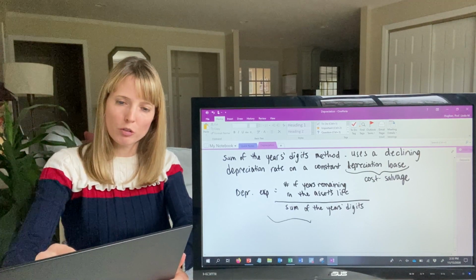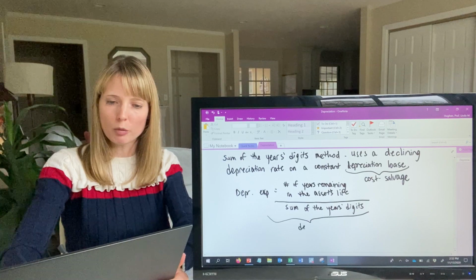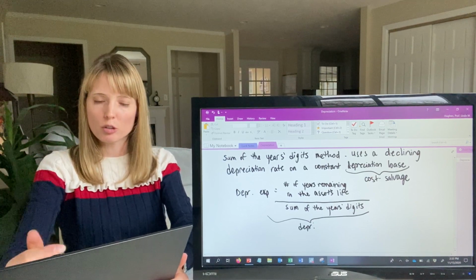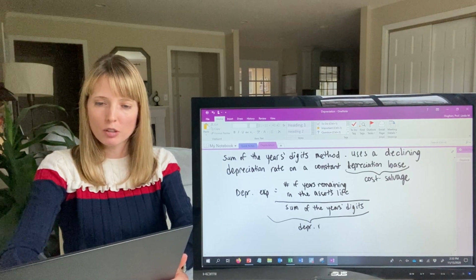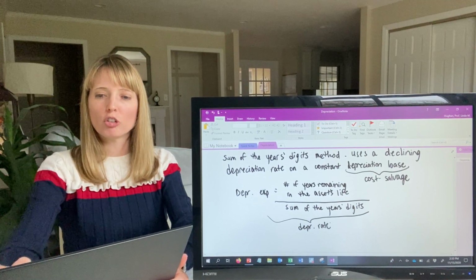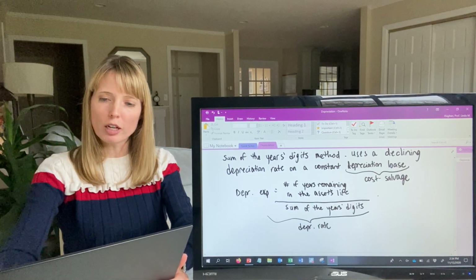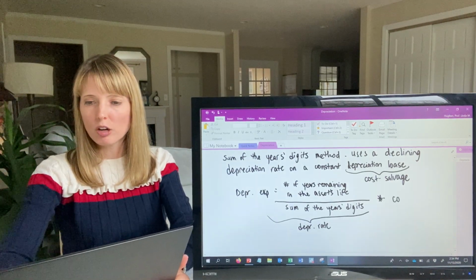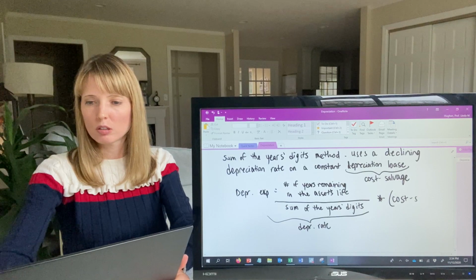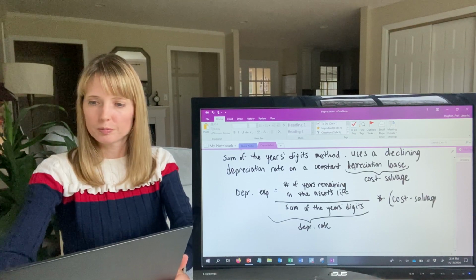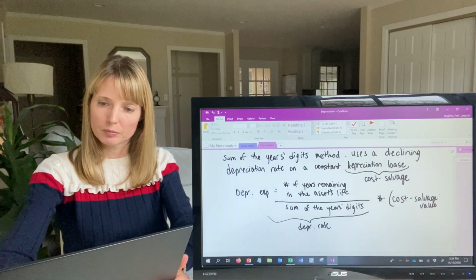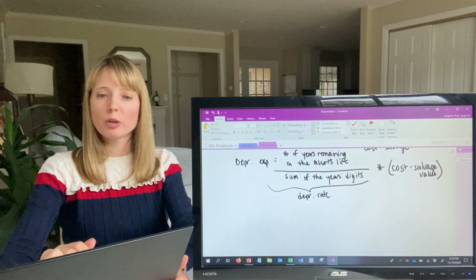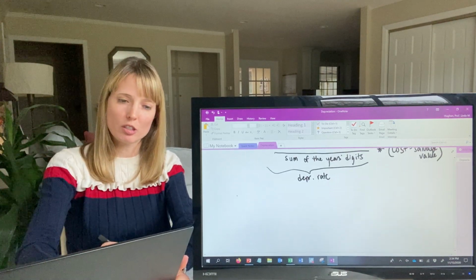So this whole term gives us our depreciation rate that will change over time because the number of years remaining in the asset's life is going to change and decrease over time. This is the depreciation rate, and we're multiplying this rate by the depreciation base, cost minus salvage.